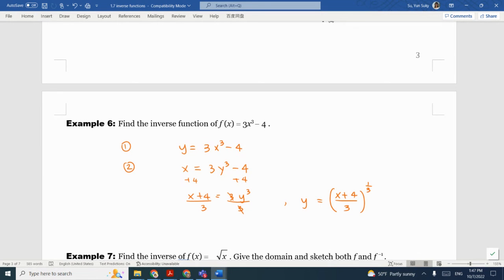Because when you raise to 1/3 on both sides, 3 and 1/3 multiply to get 1. So that's why you get y to the 1. Awesome! So this is the third step, we solve for y. And the last step: f inverse is now x plus 4 over 3, to the 1/3. Is that okay, everybody?